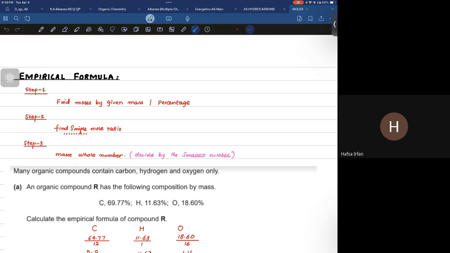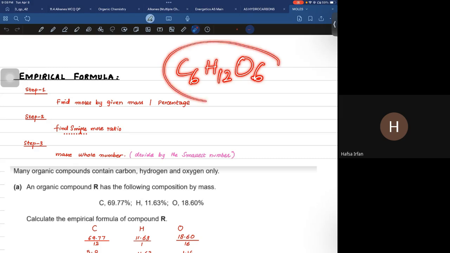Let's suppose I am saying C6H12O6. This is glucose. Is this empirical? You are supposed to say no. Why?